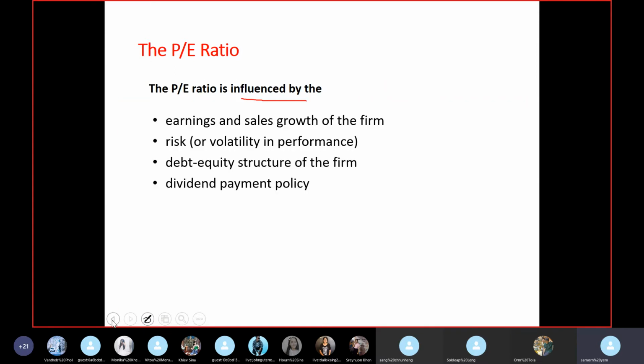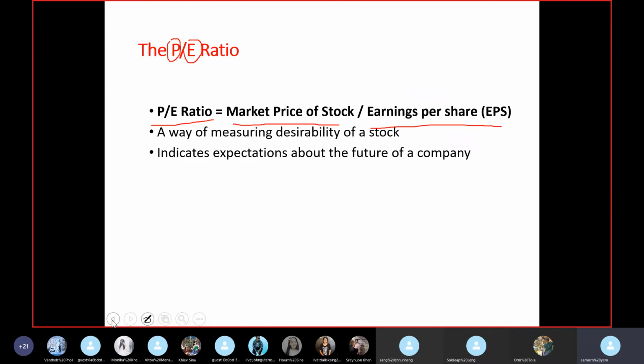Why can we say that the PE ratio indicates the expectation about the future of the company, and why do we say that it is a way of measuring the desirability of the stock? As you can see, P means the market price of the stock, and E means earnings per share.